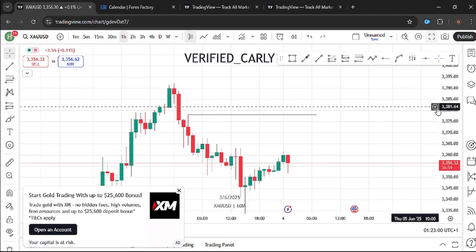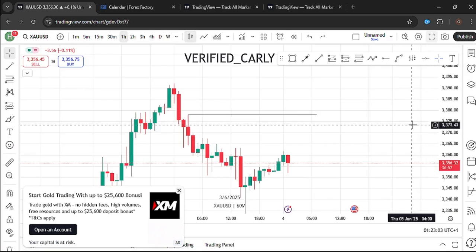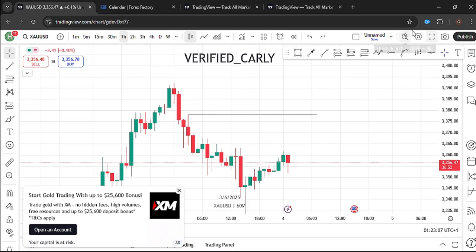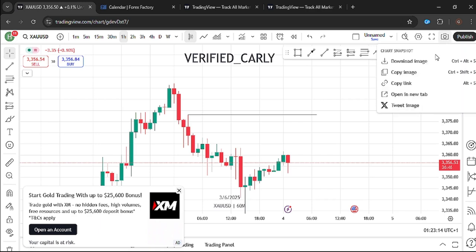Okay. Moving to the next, you can see something like a camera. If you click on that camera now, it's used to take snapshots. You see, take a snapshot. So this is a snapshot, you can download your image through there. Maybe you analyze and you want to send it to a friend or you want to save it. You can download the image.